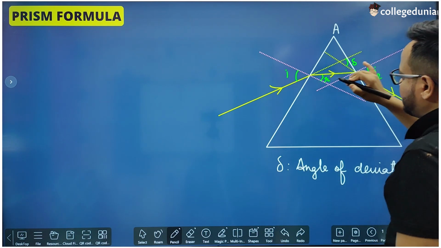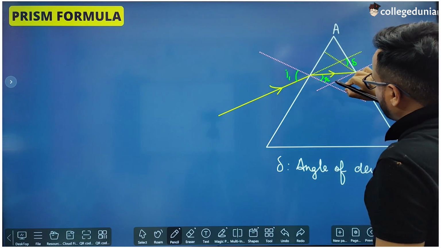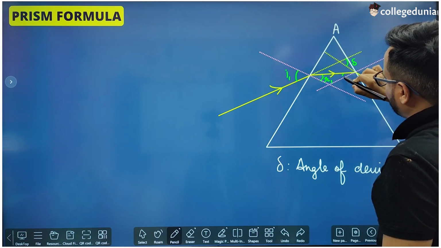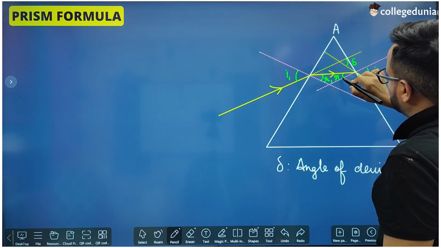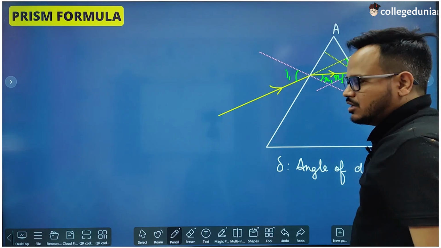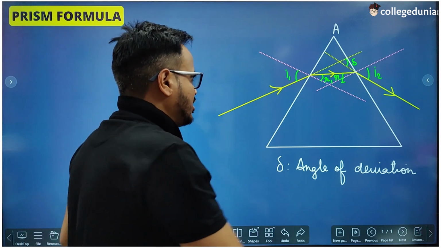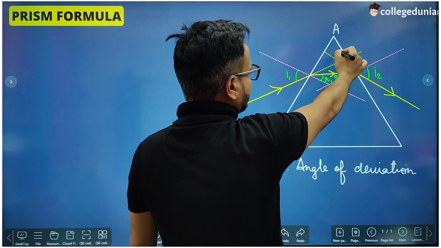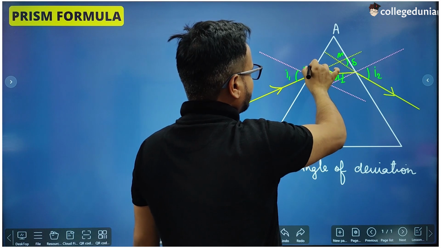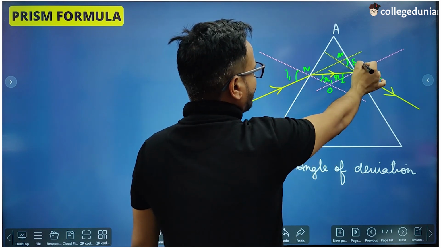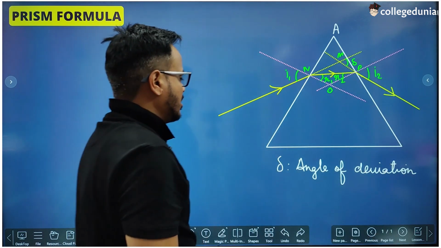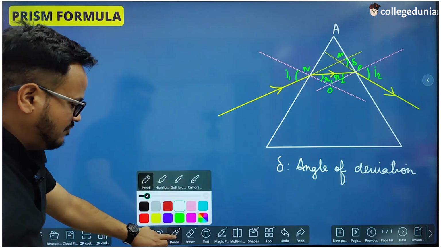So let's take it as I2, and we will take this as I1, take it as R1, and this is R2, right? Okay. Now mark these points also. Let us say this point is M, this point is N, this point is O, this point is P. So now let's start the derivation.